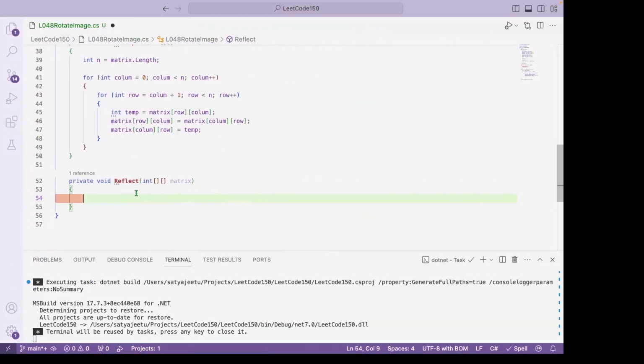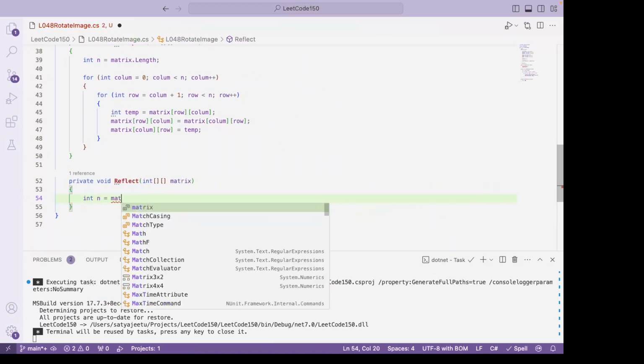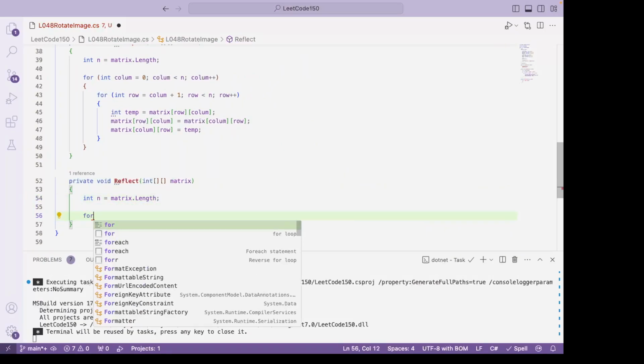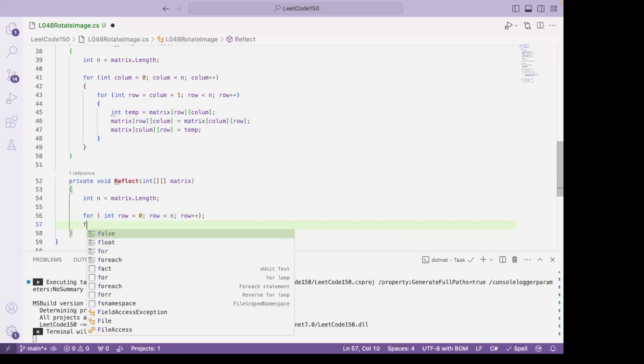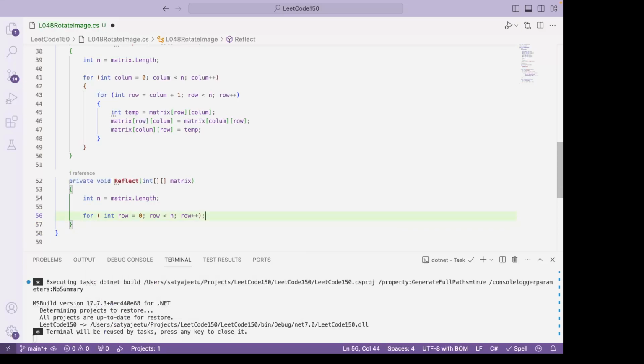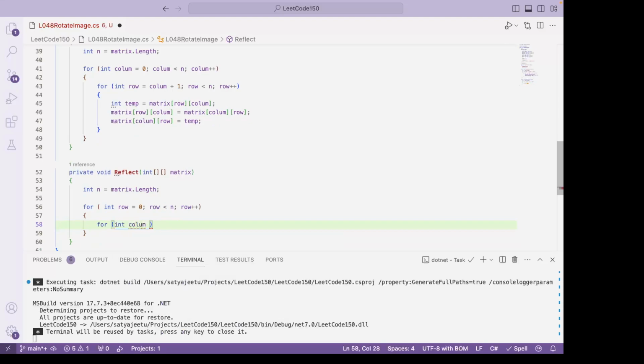So the solution would be: we have int n is equal to matrix.length, for int row equal to 0, row less than n, row plus plus, for int column equal to 0, column less than n divided by 2, column plus plus.